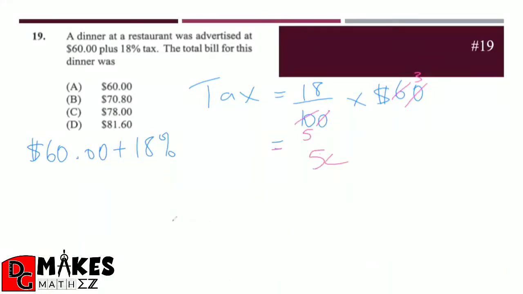18 times 3 gives us 54 divided by 5. Let me bring my equal sign down a bit. And that's going to be $10.80, because you would have gotten 10 and 4/5, and 4/5 as a decimal is 0.8. All right, so that's 10.8, $10.80.